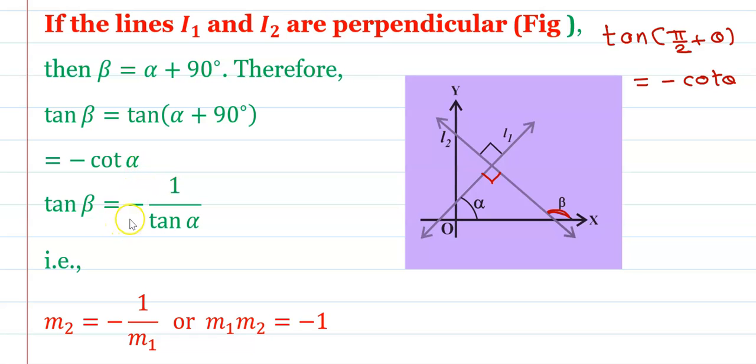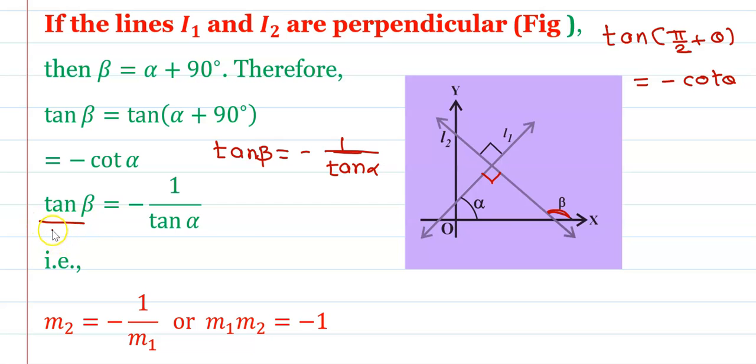Okay, now this is also very interesting. Here I can write tan beta is equal to minus cot of alpha, which means it is the reciprocal of tan alpha. Therefore tan beta is equal to minus 1 upon tan alpha. Now substitute the values.